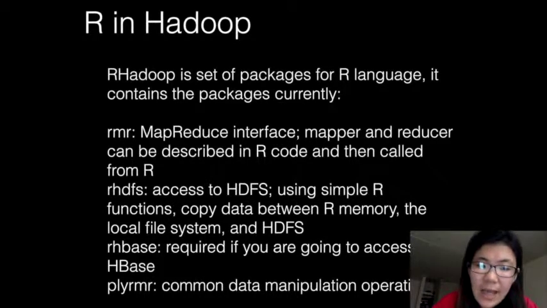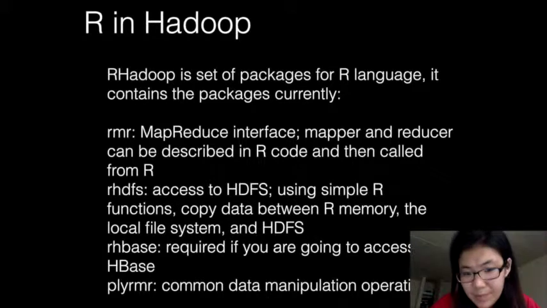The package also includes rhdfs, which can access HDFS through simple R functions and can also copy data between R memory and the local file system. The third package is rhbase, which is required if you are going to access HBase.